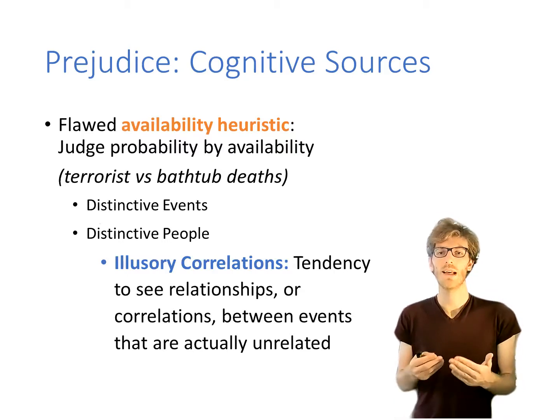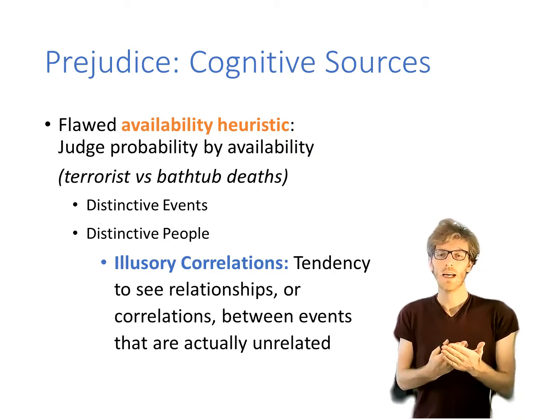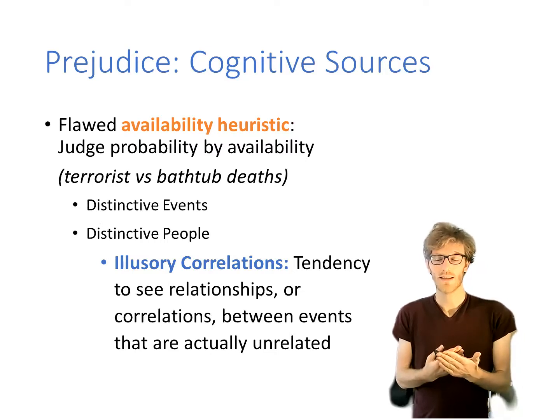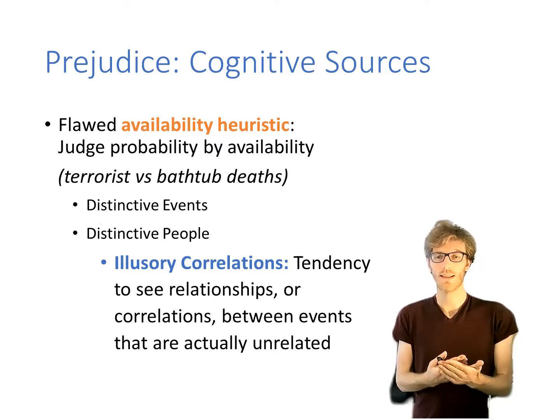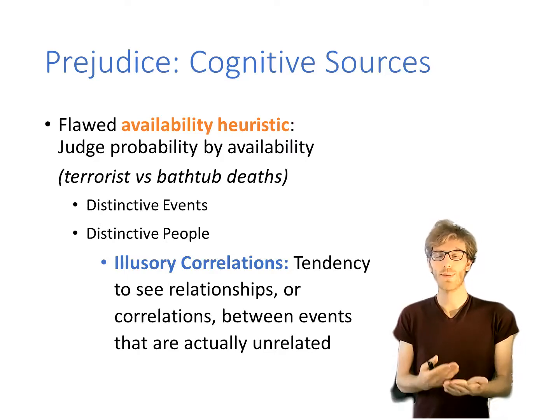So the notion that those two things are very likely to come together. And that's partly because only the distinctive elements of a situation, only those are reported and only those are remembered.